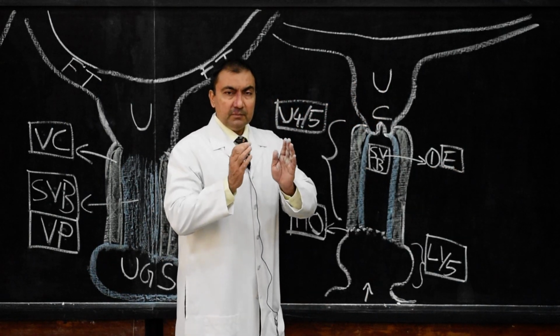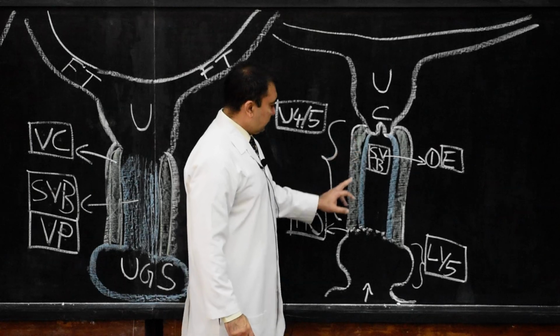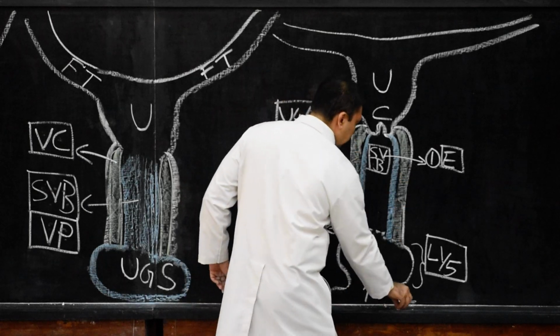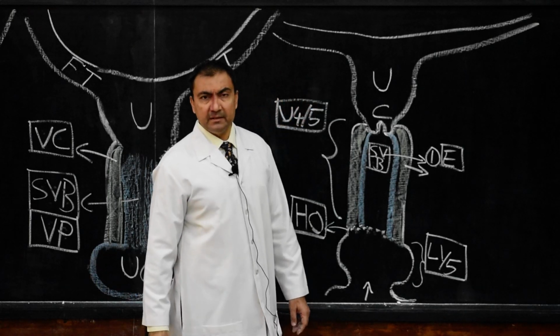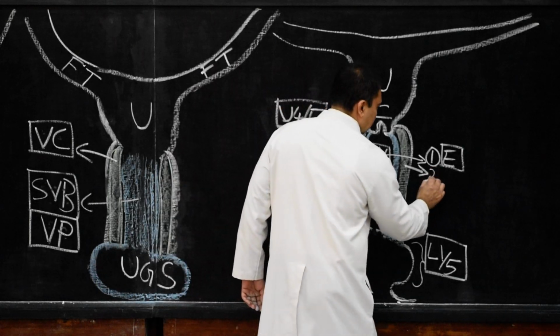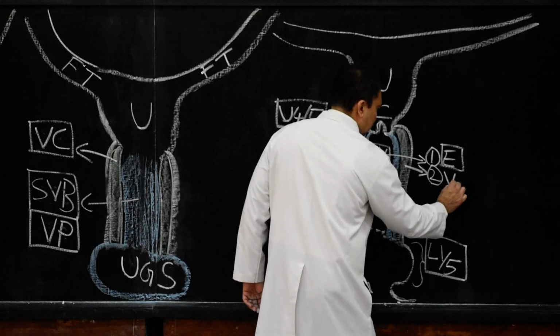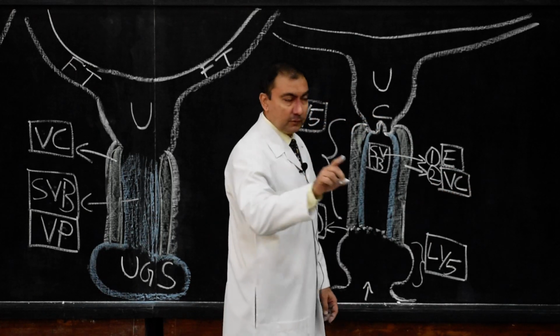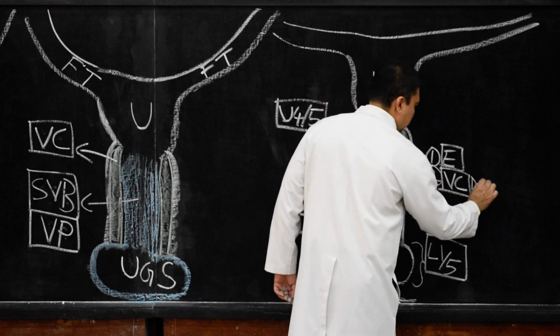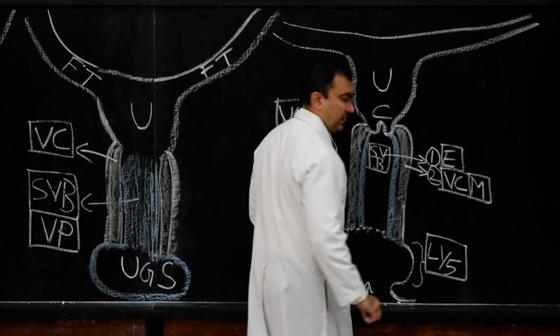What about the musculature? The musculature of the upper 4/5 is developed from the vaginal cord, and this vaginal cord is nothing but paramesonephric ducts, and therefore it is mesodermal in development.